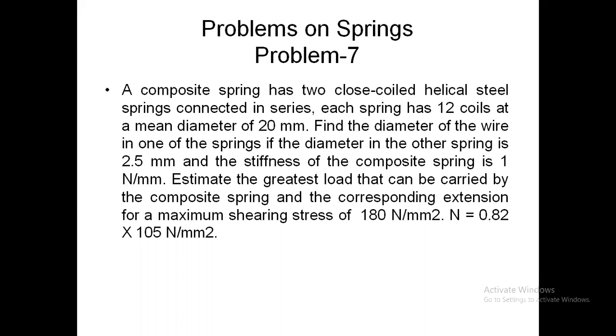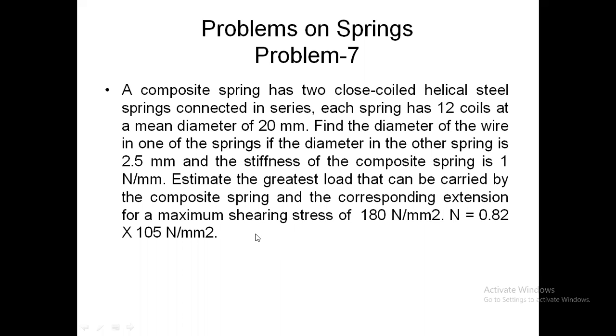Estimate the greatest load that can be carried by the composite spring and the corresponding extension for a maximum shear stress of 180 Newton per mm square, and the modulus of rigidity is given as 0.82 into 10 power 5 Newton per mm square. That is the problem given, and there is a picture also for this. Let me draw that while solving the problem.